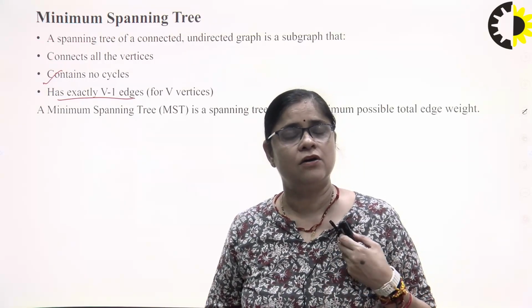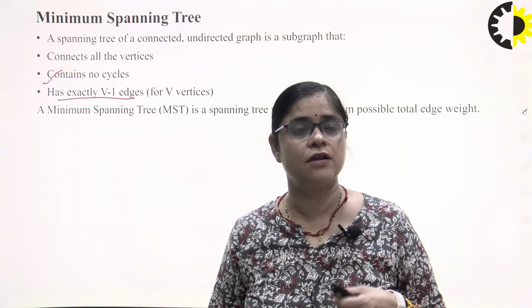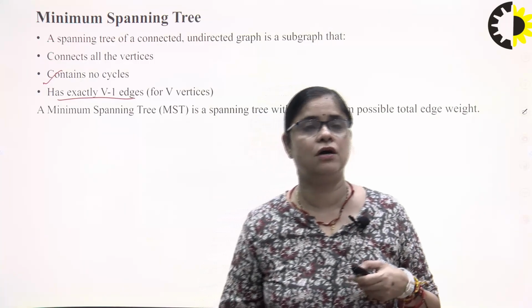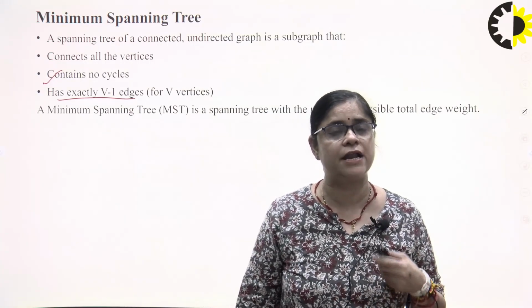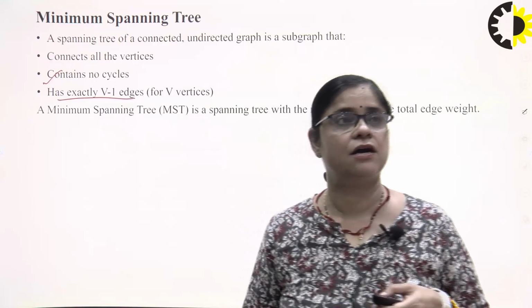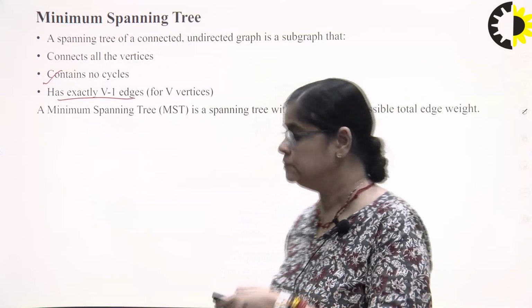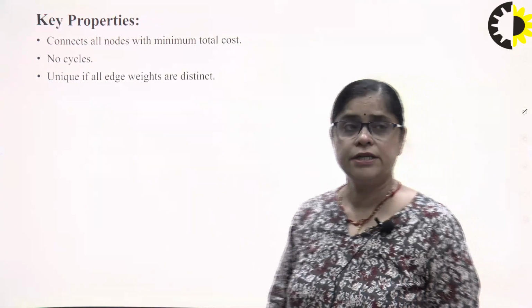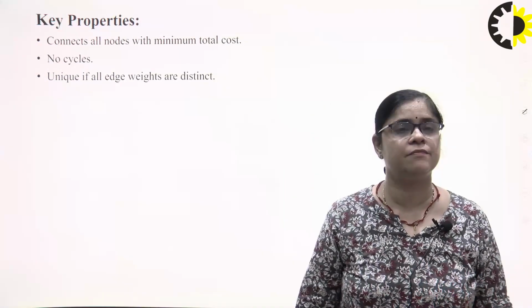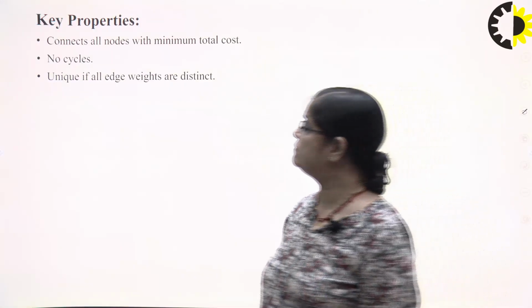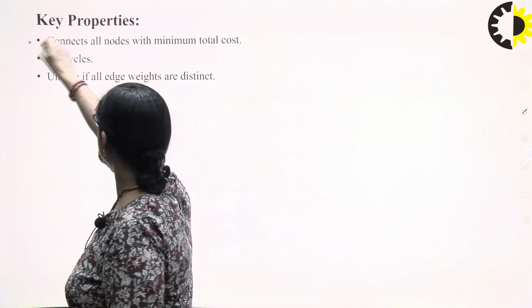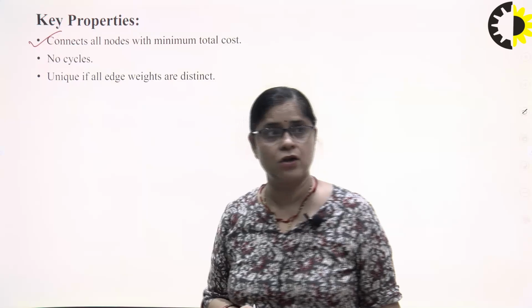Okay, now the major thing we have to keep in mind while creating or seeing the MST, that is minimum spanning tree, is that it contains no cycle. Now, what are the key properties of the minimum spanning tree? The first one is that it connects all the nodes with minimum total cost.